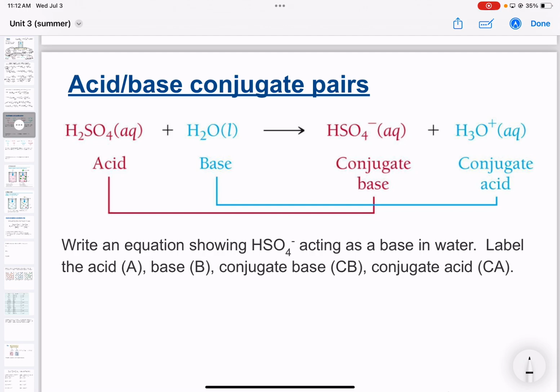Okay, so we talked about this naming of conjugate base and conjugate acid. Whatever the acid turns into is called the conjugate base. That may seem confusing. In a second, I'll explain why. Whatever the base turns into is called the conjugate acid.